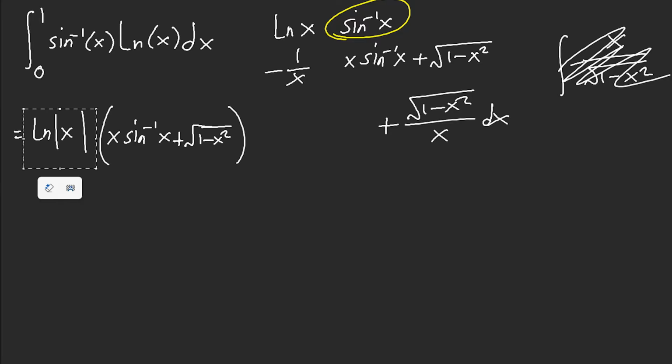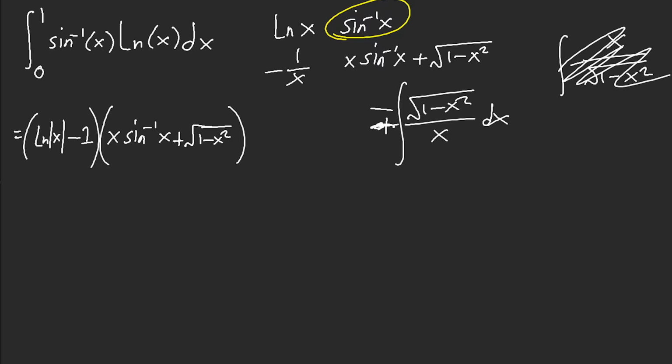Oops, here. I'll actually demonstrate it. And do ln of x. Well, it was a minus integral, right? It was a minus integral. So what you would do is do ln of x minus 1. And then you do this part. Well, again, this is a minus. Be very careful. Okay? So now, awesome.